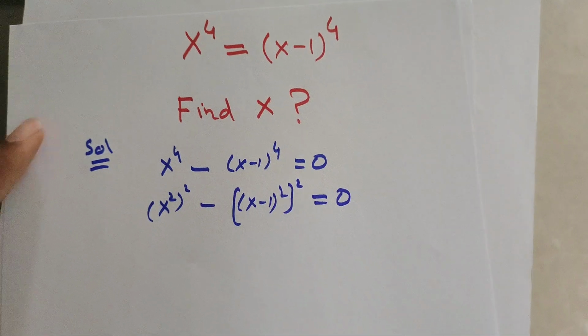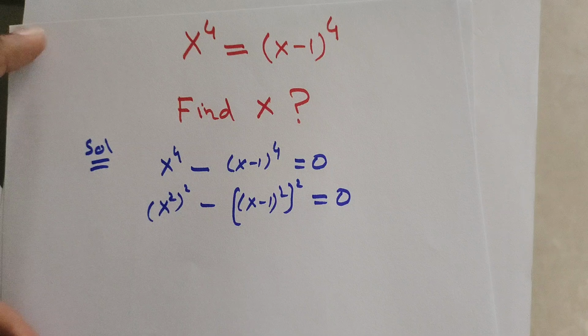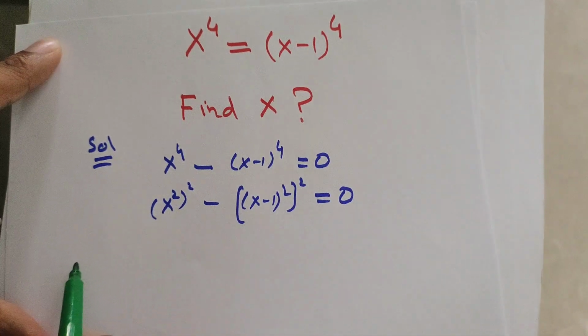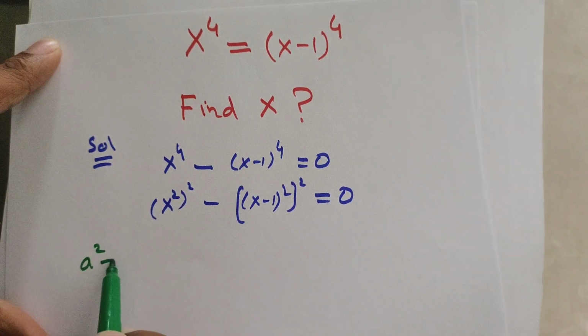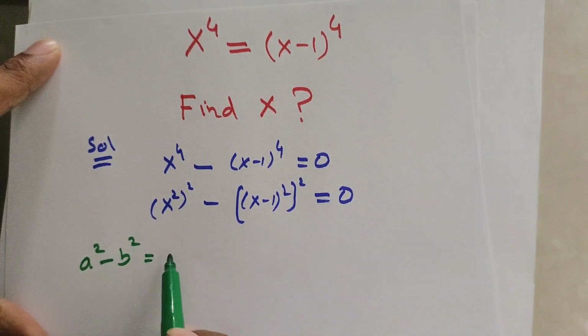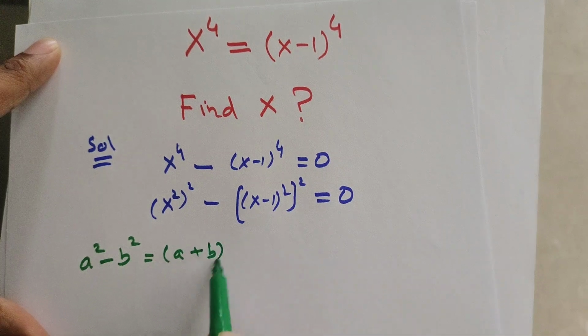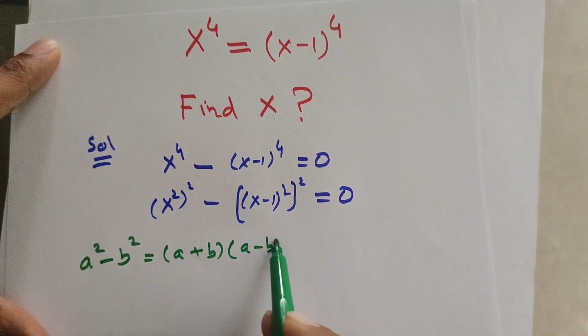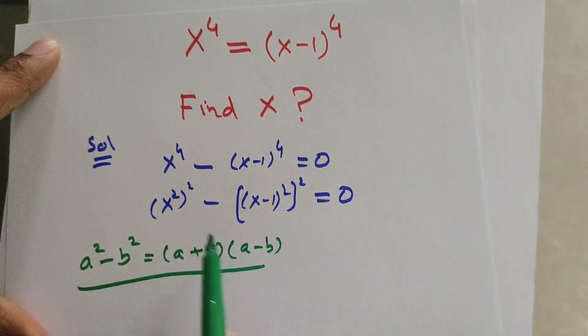Now we have a very interesting algebraic formula: a square minus b square is equal to (a plus b) into (a minus b). This formula will be utilized here.